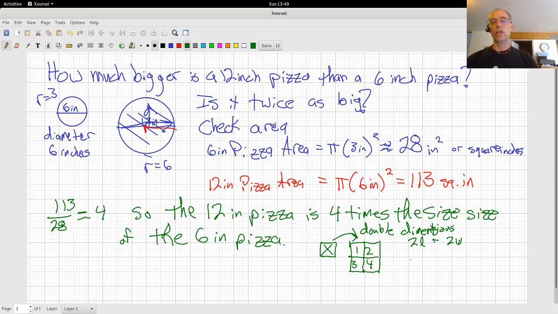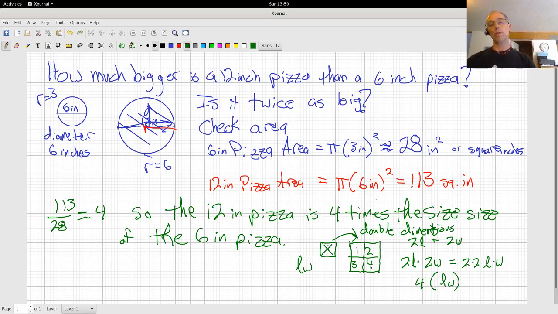Area of a square is length times width, so this guy right here, we could say is just length times width for its area. This one over here is twice that length times twice that width. You can multiply in any order you want, and this is just a whole bunch of multiplication, so I can rewrite that as 2 times L times W. 2 times 2 is 4, so that gives me 4 times the original length times width.